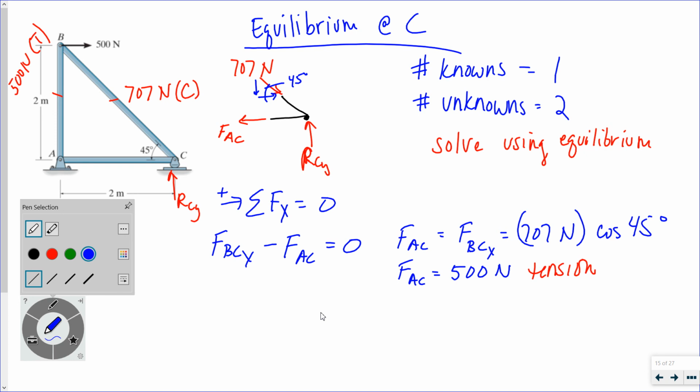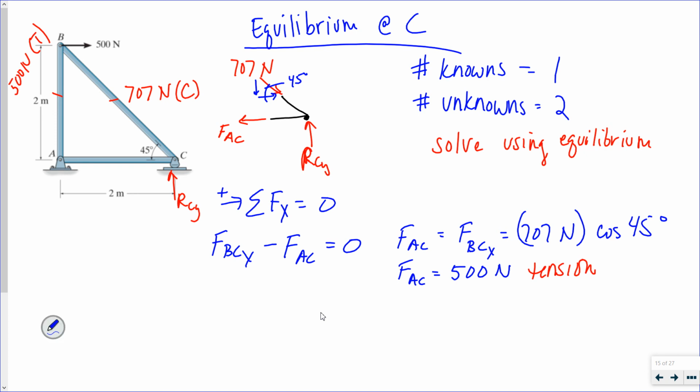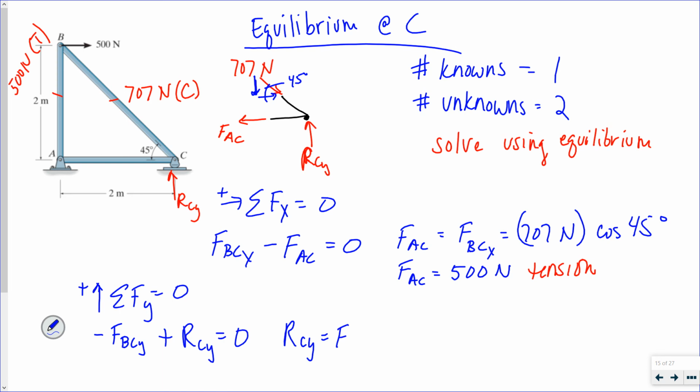Just pausing for a moment. Then if I do the sum of the forces in the y direction, assuming up is positive, I've got the vertical component of FBC acting downward. And I have the reaction at C acting upward. RCY is the vertical component of the force at BC.